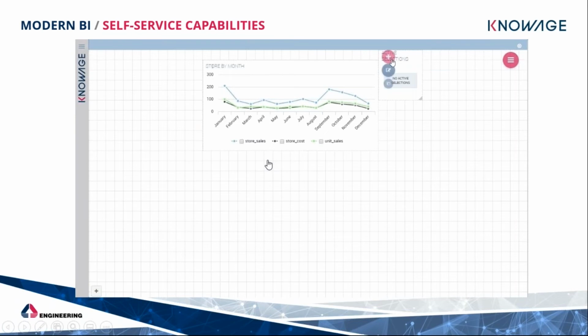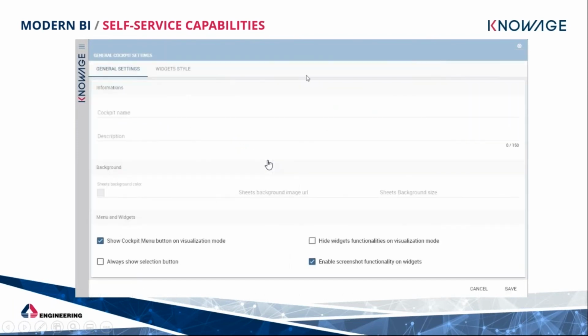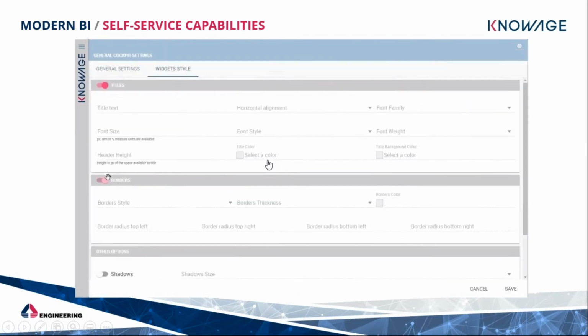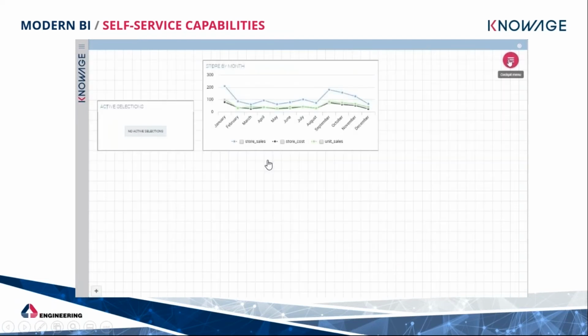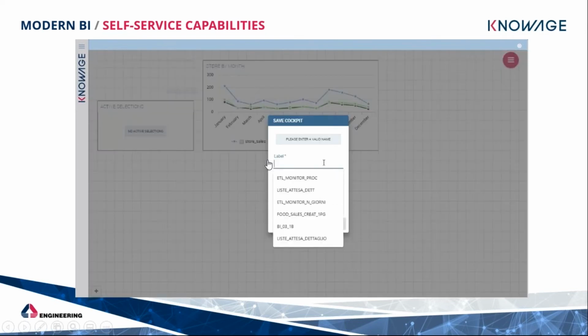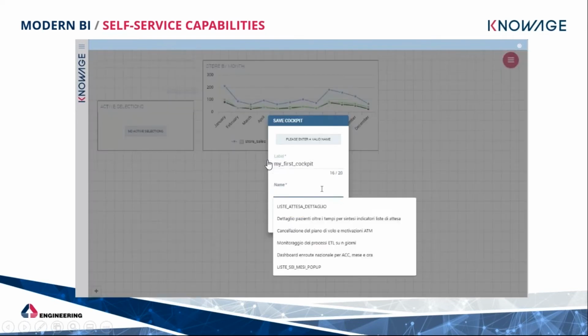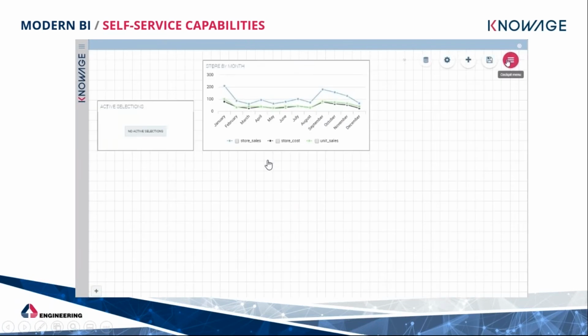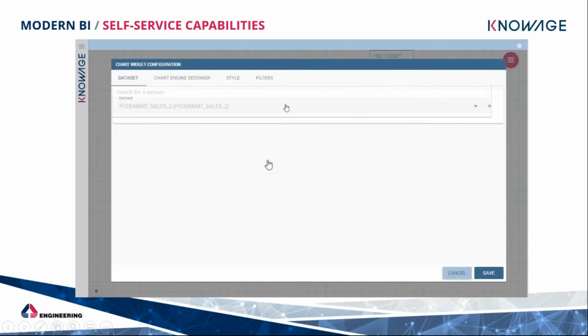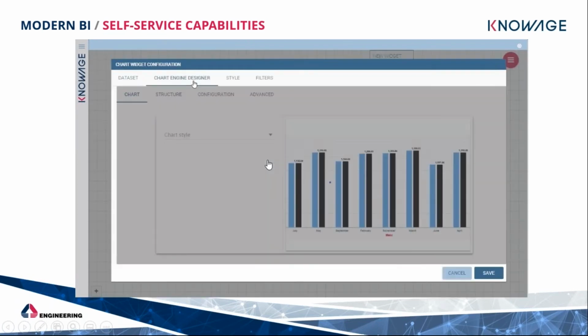And so on. You can move the widget where you want, you can change the size and format the whole dashboard as you want. As you can see here, with just a point and click and drag and drop interface, you can build your own, adding widgets that are related every time by data. So when you click on a widget, all the others are filtered according to your selection.